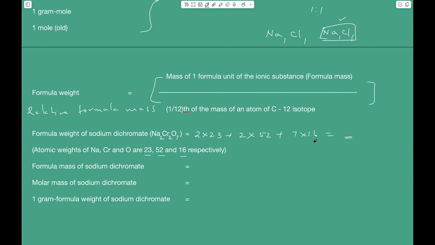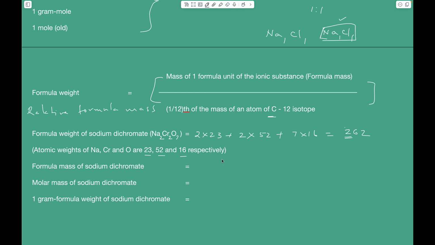And upon calculation, this comes to be around 262. So that is the formula weight or the relative formula mass of sodium dichromate. That means one formula unit of sodium dichromate is so many times heavier than our standard. Then what is the formula mass of sodium dichromate?